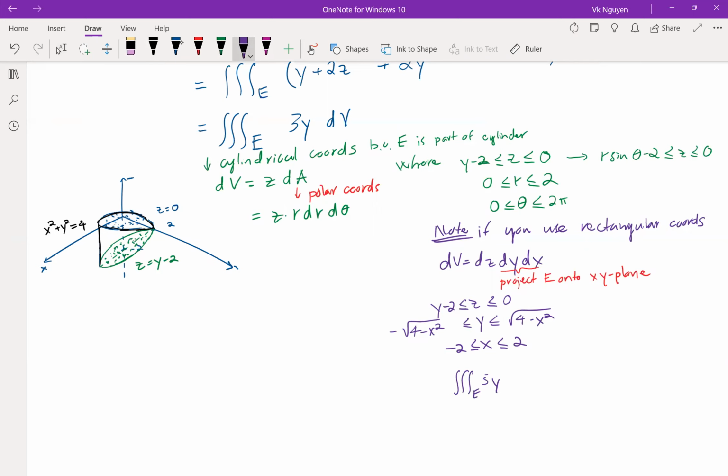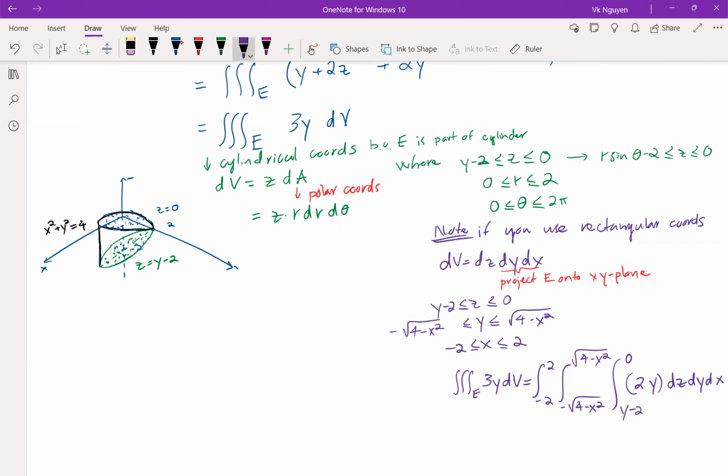Triple integral of 3y dV: x from negative 2 to 2, y from negative root of 4 minus x squared to root of 4 minus x squared, z from y minus 2 to 0, of 3y dz dy dx. Terrible to integrate.